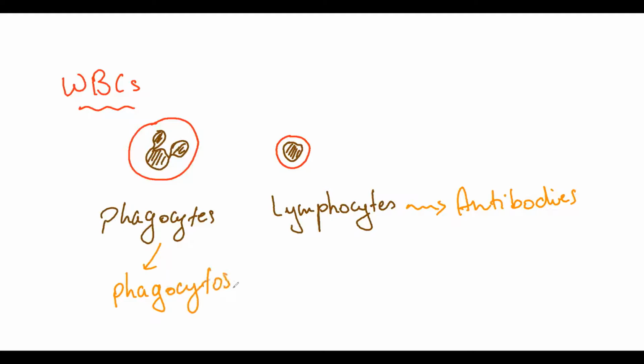So what is this phagocytosis? Phagocytosis means to engulf a foreign body. Suppose a foreign body entered and is found in the blood. Some of the phagocytes wander in the tissue fluid in between the cells in order to trap any foreign body that entered.